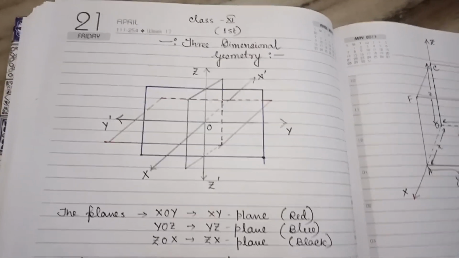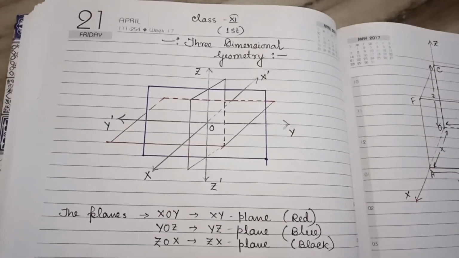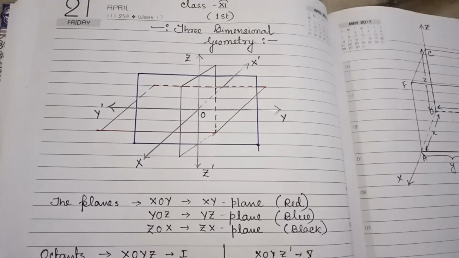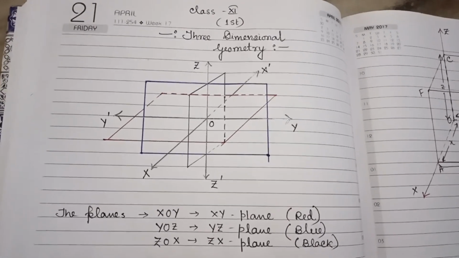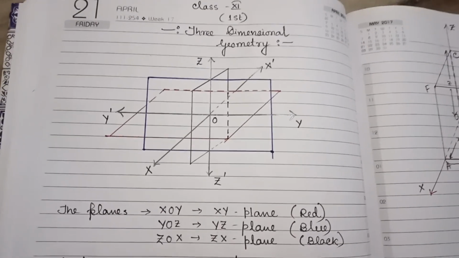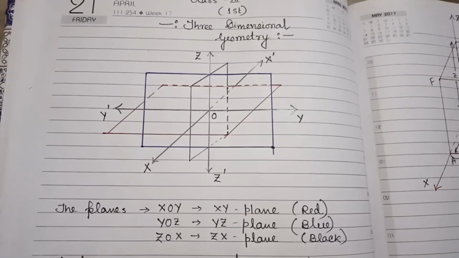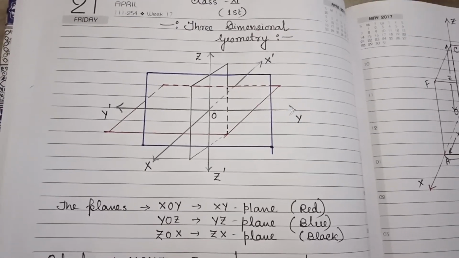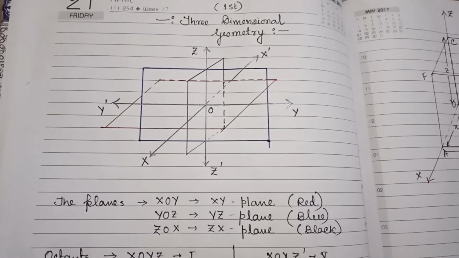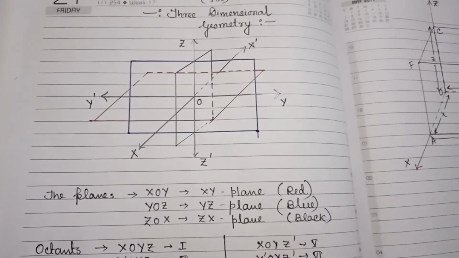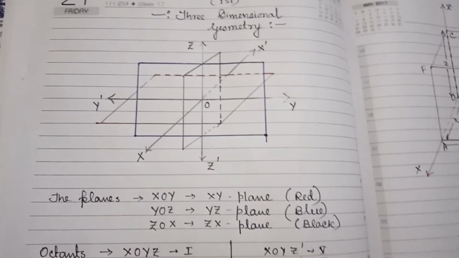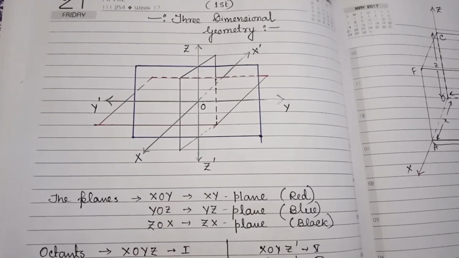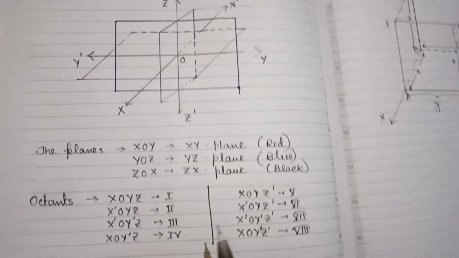These 8 portions are called octants. Previously in two-dimensional geometry we had quadrants because the axes divided the system into 4 portions. Here there are 8 different spaces, that's why octants.